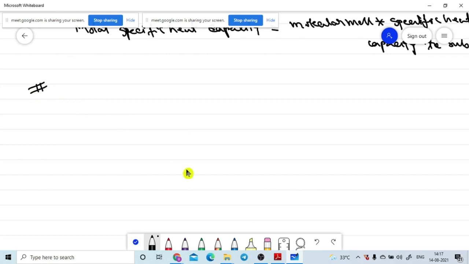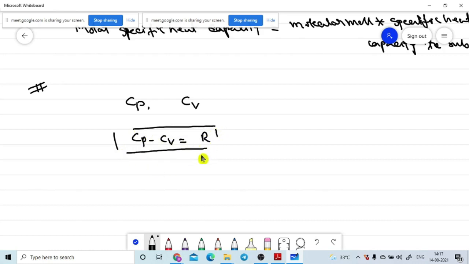See, ma, there is the ideal gas equation relation. The relation between the molar specific heat capacity Cp at constant pressure and Cv at constant volume is there. Cp minus Cv is equal to capital R. This is the relation. Are you getting this relation in your chemistry? Yes, sir. So this relation.